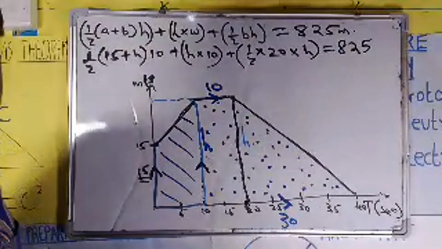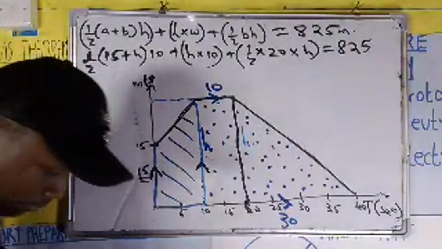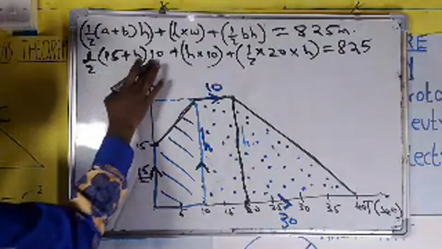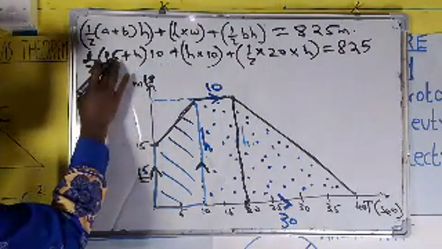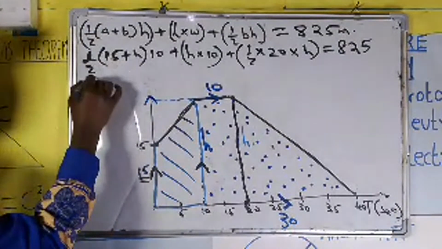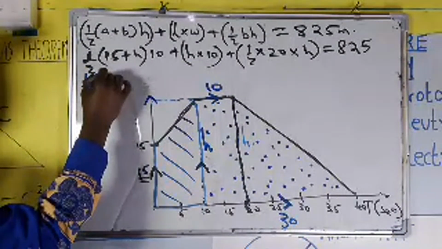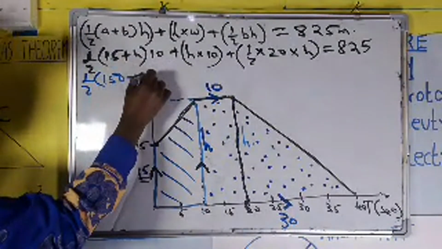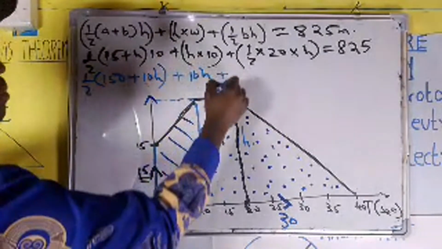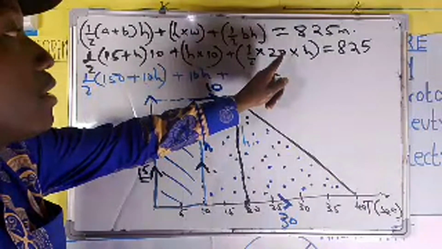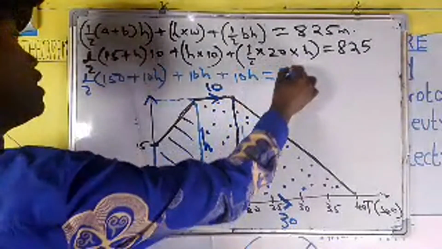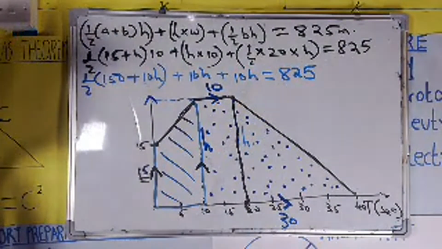So when we do that, we are going to have a half. So 10 times 15 is 150. So it is going to be a half multiplied by 150 plus 10h, plus h times 10 is 10h, plus 2 times a half times 20 is 10, plus another 10h, is equal to 825.